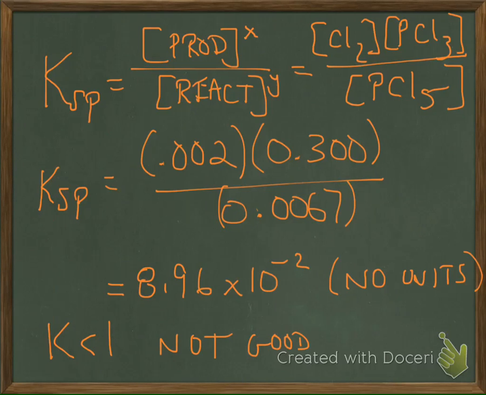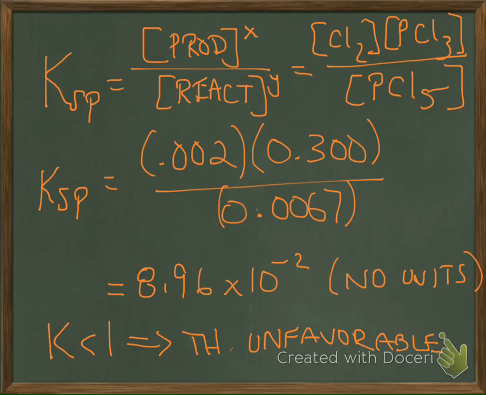Okay, we don't want to say it's not good, we want to say that it's thermodynamically unfavorable. And making one more connection then, if K is less than 1, then delta G is positive. And you saw a lot of those questions on your midterm.